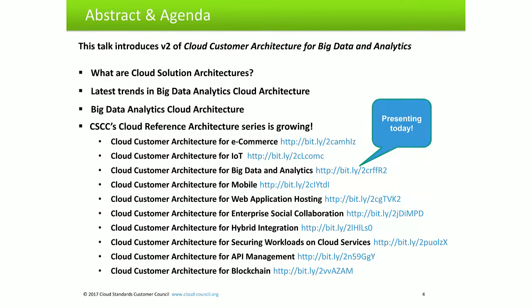The CSCC, as you likely know if you've been joining us for recent webinar presentations, has been working on a series of cloud reference architectures that illustrate how to implement particular application solutions using cloud infrastructure. On this slide, we've included links to our white papers that describe how to leverage cloud computing for technologies like e-commerce, mobile applications, the Internet of Things, API management, blockchain, and others.